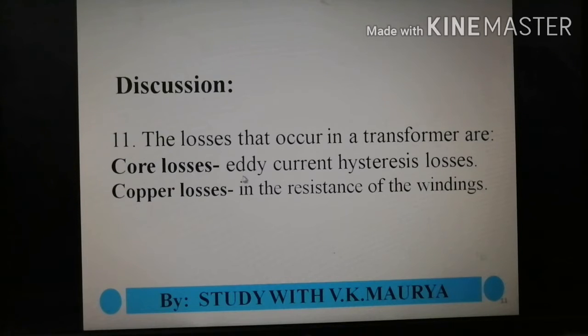In core losses, there are eddy current and hysteresis losses. In copper losses, there is a loss due to the resistance of the windings.